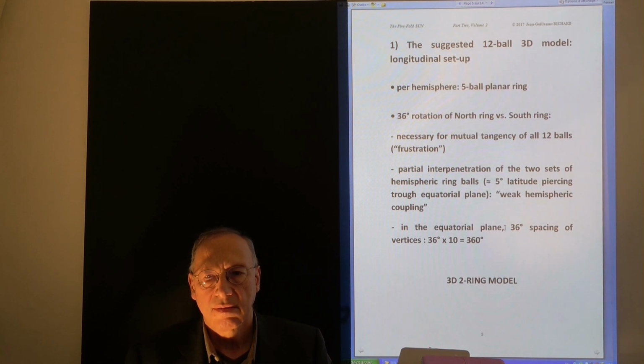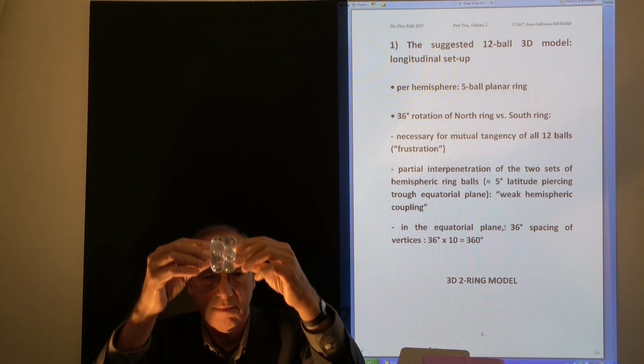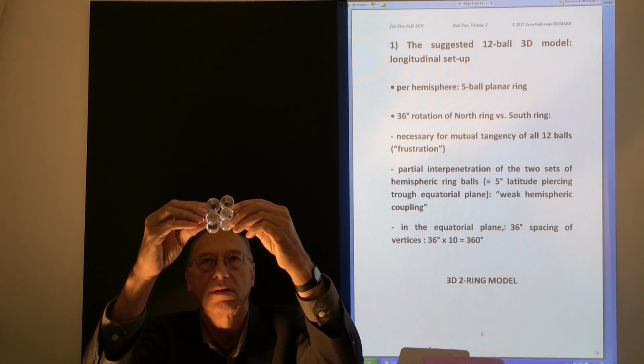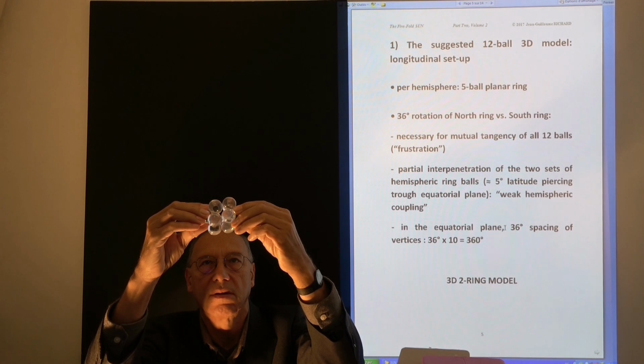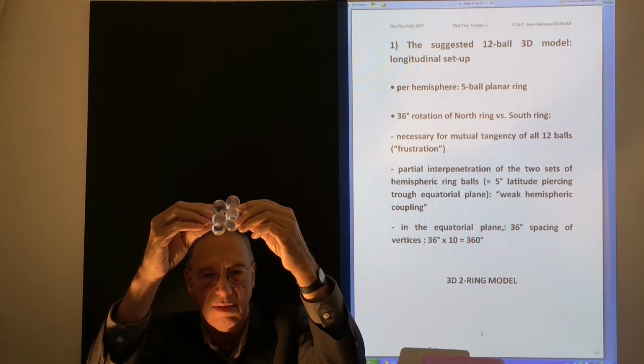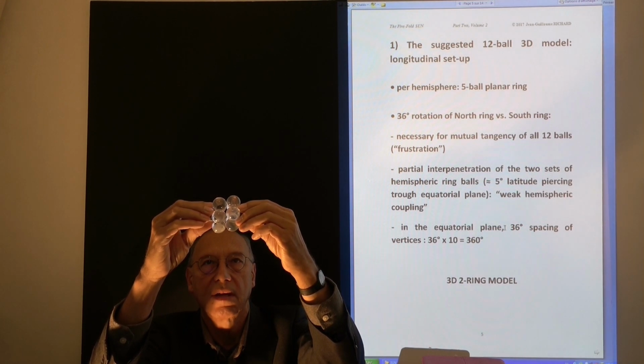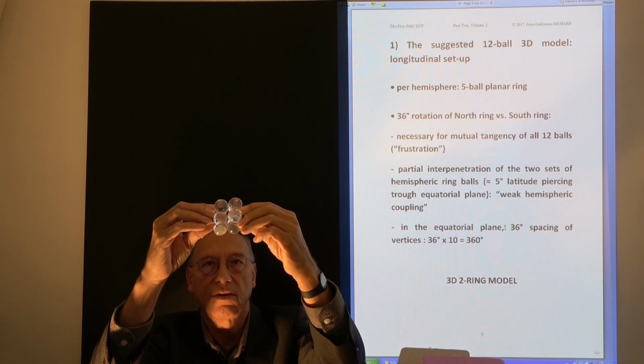It is necessary to rotate the hemispheres, the 5 rings, by a certain angle. You see, if they are facing with no staggering, they are not all mutually tangential.